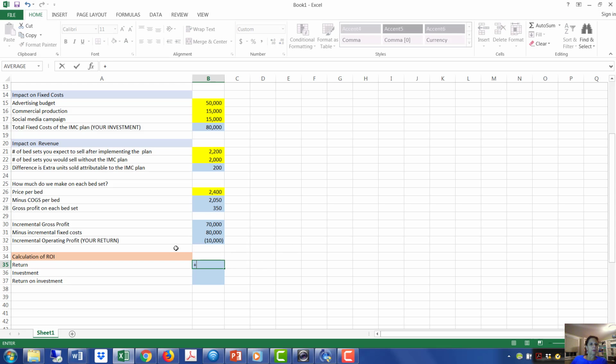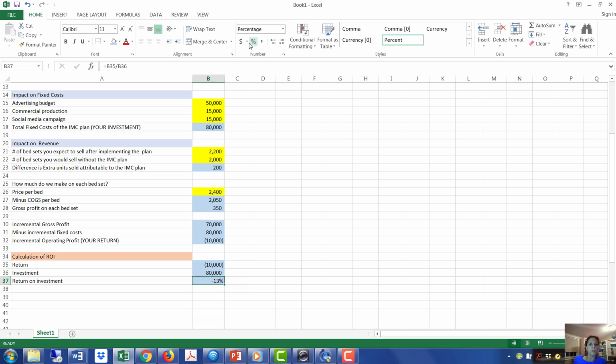So our return, we just go up here and pick that up. Our investment, we can just point to our IMC plan total, and our return on investment is simply equal to the return divided by the investment. And in this case, it's a negative 13%.